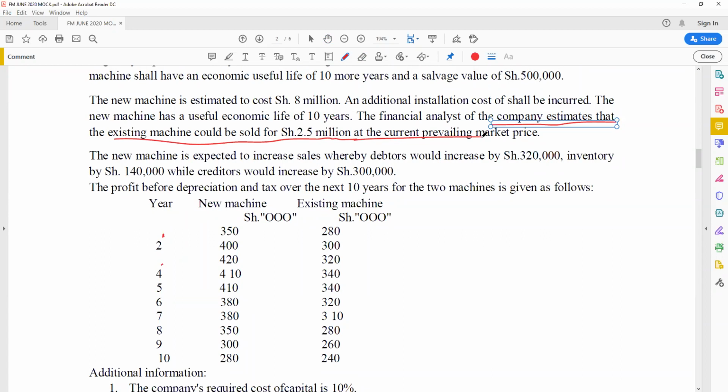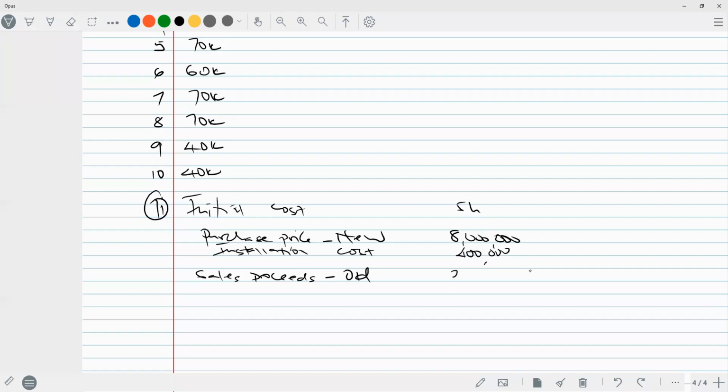So in case the company disposes of this machine, they shall be receiving 2.5 million shillings. This is an outflow, and this is a cash inflow. So 2.5 million is a cash inflow.